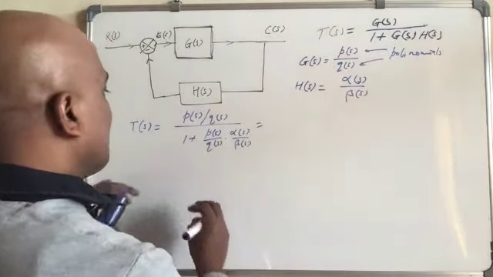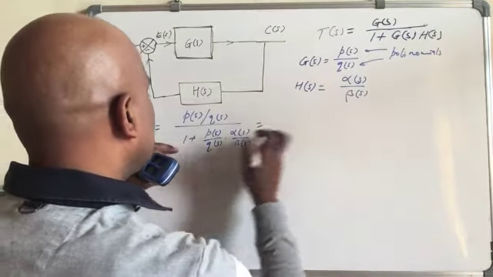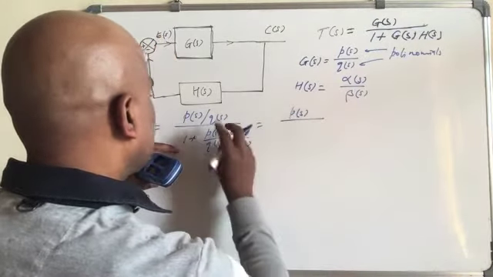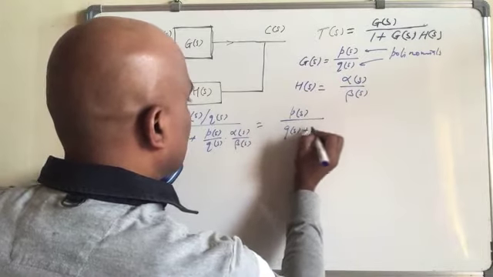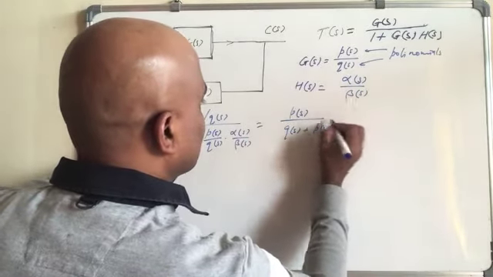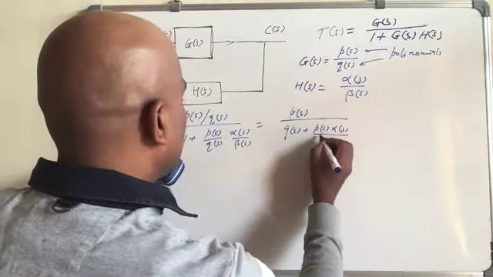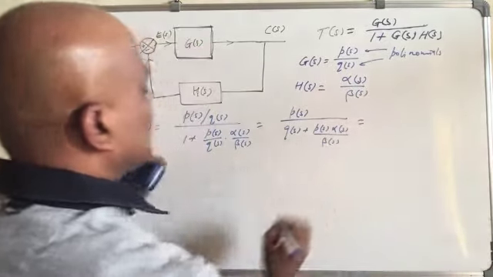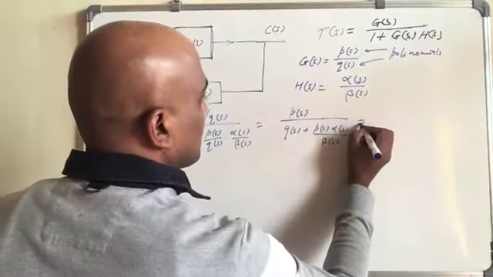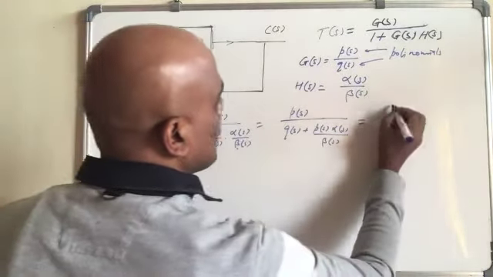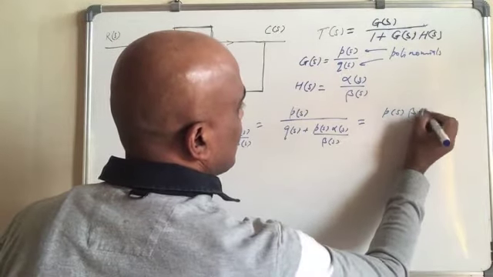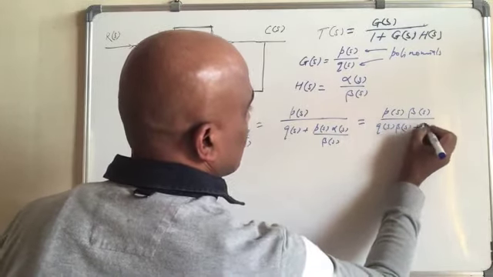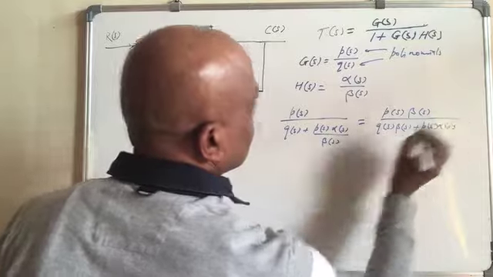And hence finally what do you get? You get P(s) divided by Q(s) plus P(s) alpha(s) over beta(s). Multiplying beta(s) in both numerator and denominator, we get P(s) multiplied by beta(s) divided by Q(s) beta(s) plus P(s) alpha(s).